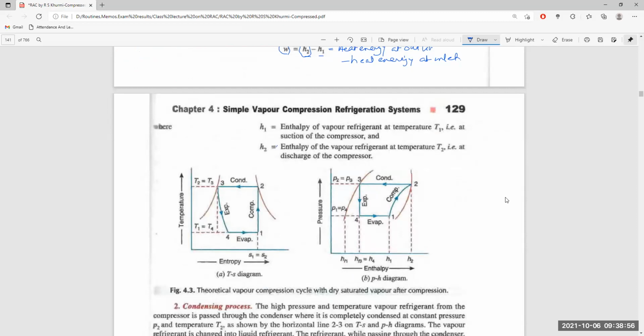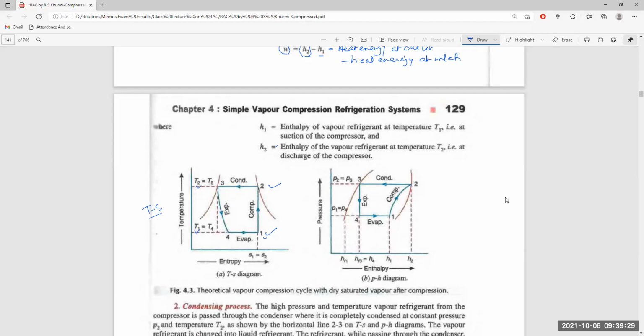This is H1, the start of the compression process. This is H2. This is the temperature-entropy chart, the TS chart. At the temperature T1 the refrigerant enters the compressor and it leaves the compressor at the temperature T2.